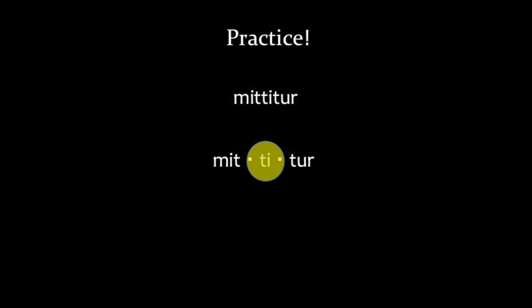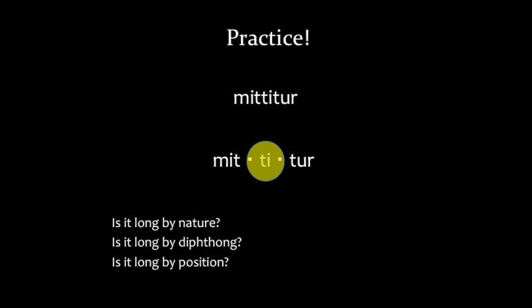Now you ask yourself, is it long by nature? Is it long by diphthong? Is it long by position? No, no, and no. Therefore, this is short for purposes of accentuation. Therefore, where does the accent go? Does it stay on this one, the penultima, or does it go back to the antepenultima? The answer is it goes back to the antepenultima and is pronounced mittitur.